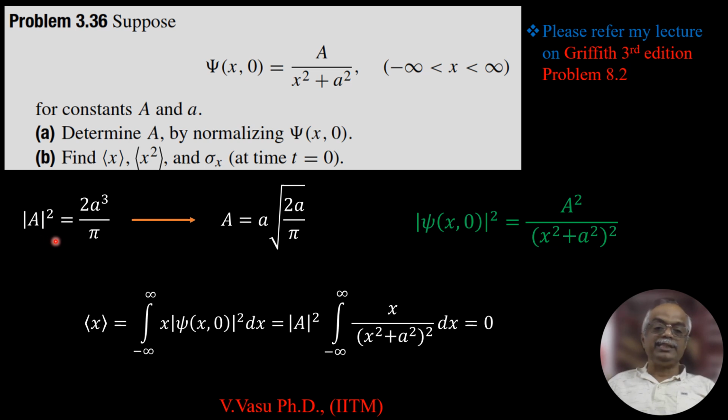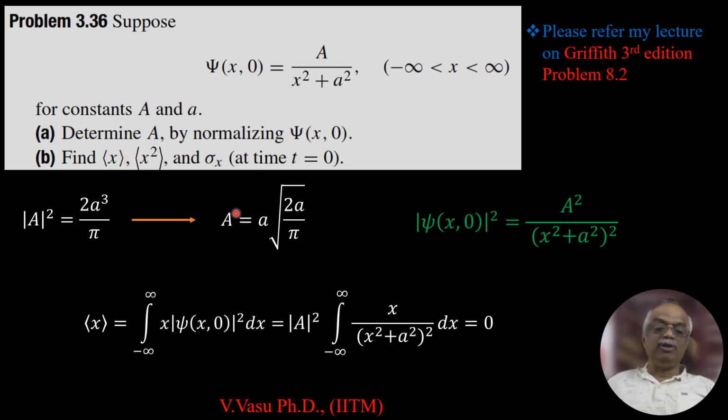The normalization constant can be found in the usual way, which here is 2a cubed divided by pi. So A, that is the normalization constant, is the square root of this one. So a cubed can be written as a square root of a, 2 square root of 2, and pi square root of pi.